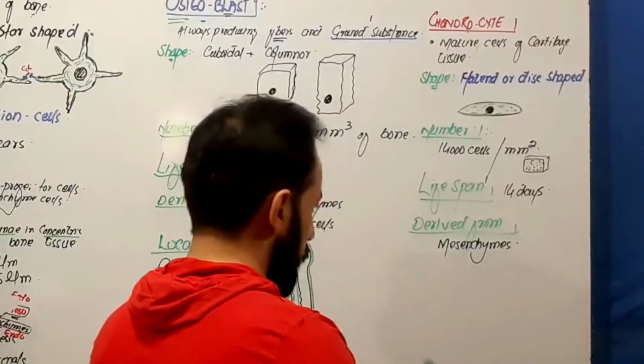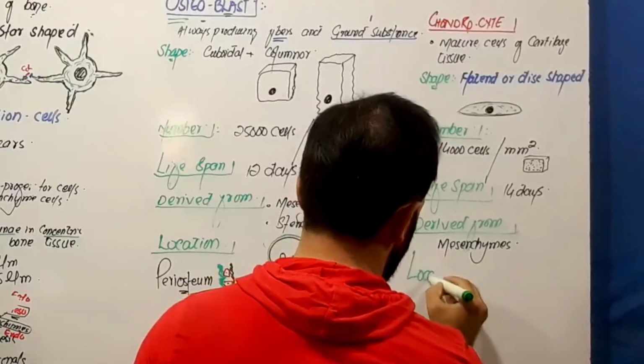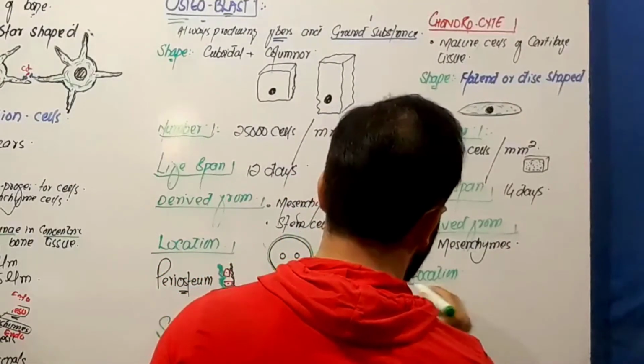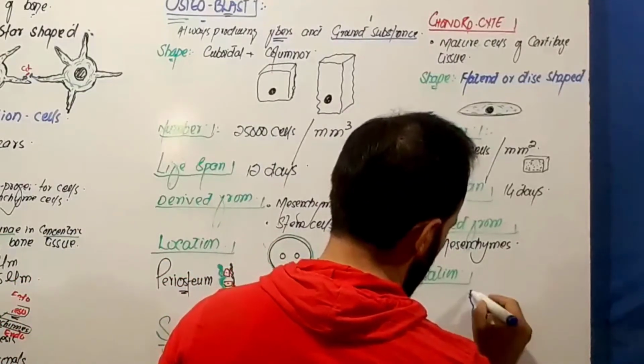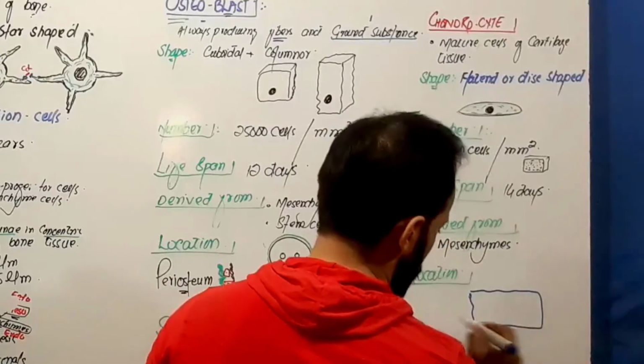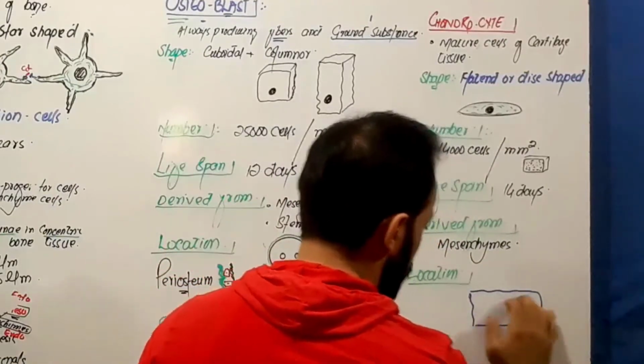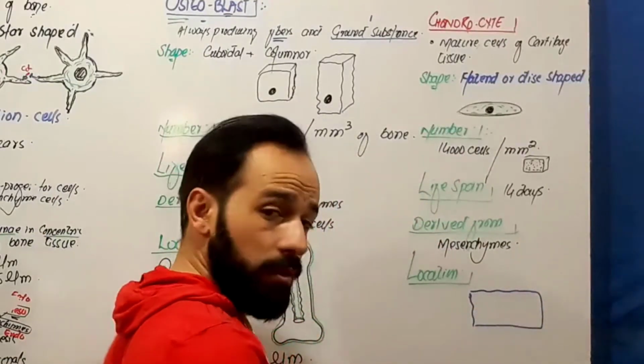Then about their location, where are these cells located? So look carefully. If you take a small piece of cartilage, for example this is a piece of cartilage, right? And here is the ground substance of the cartilage, right friends?